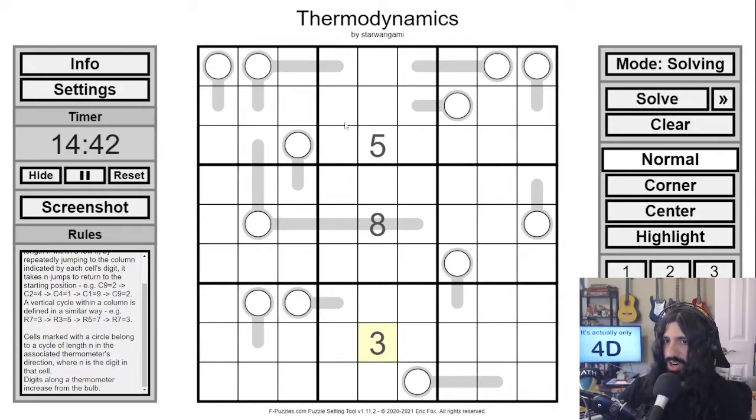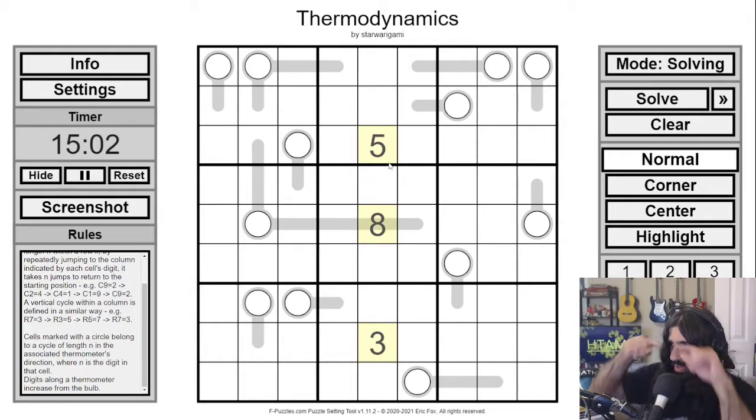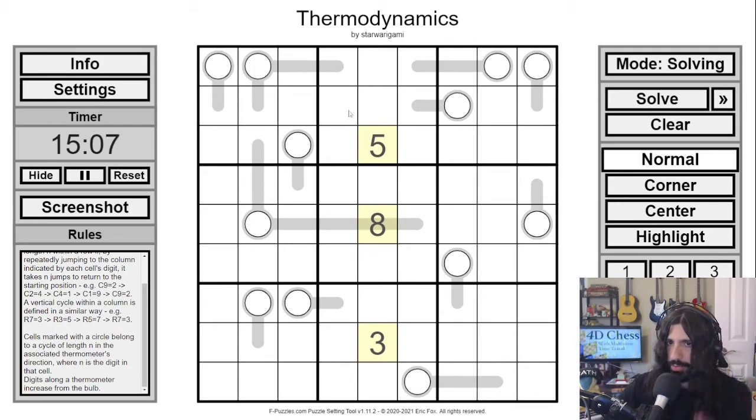If we start at any of these squares, let's start here, this square points us to the cell 3. In cell number 3, it points us to cell number 5, and cell number 5 has an 8 in it, which points us back to cell number 8. So there's a loop. They point to each other in a loop. This is a cycle of length 3.